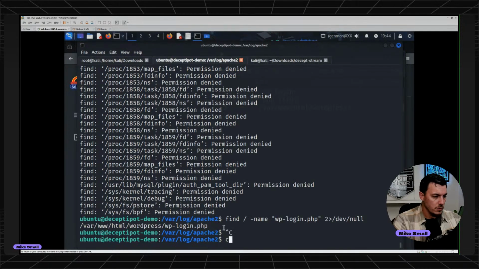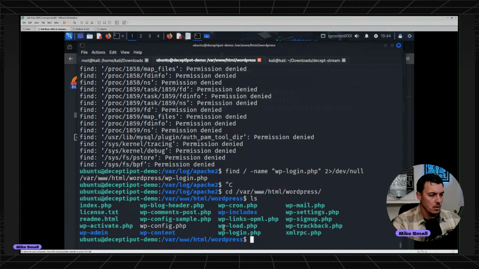So now we'll cd in, and we just want to look in here first before we do anything so that I can show you how many files there are in here. There's a ton of PHP files. Now, what we want to do is a grep amongst all these files recursively to see if command appears in anything. Okay, that's the next piece here.